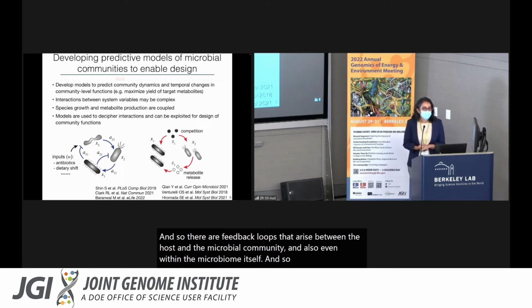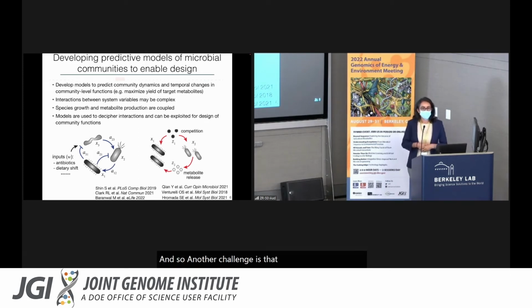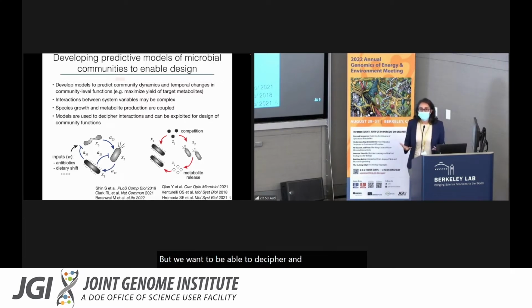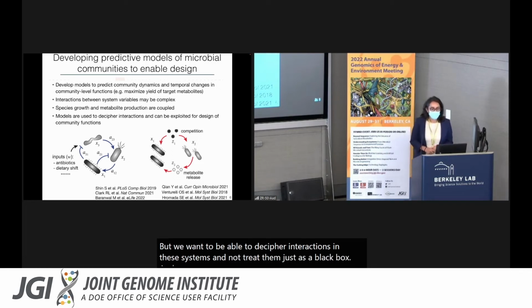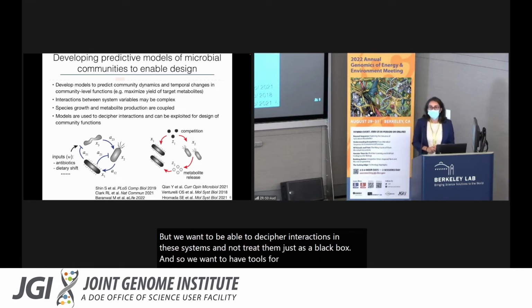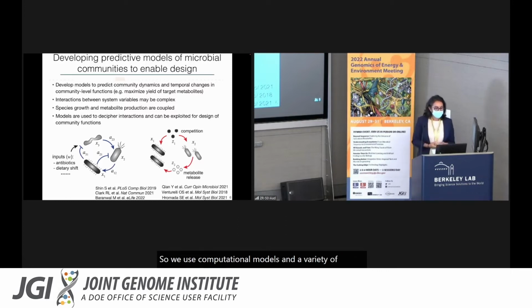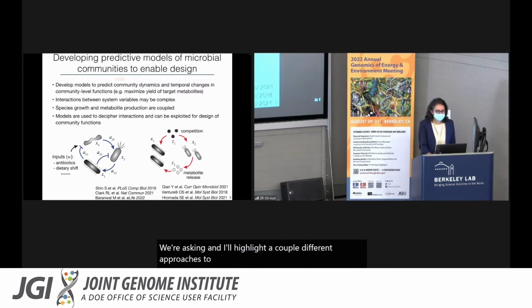Another challenge is that machine learning is really powerful, but we want to be able to decipher interactions in these systems and not treat them just as a black box. And so we want to have tools for interpretation and for deciphering these interactions that are highly dynamic and complex. So we use a variety of different types of computational models depending on the question we're asking. And I'll highlight a couple different approaches today.